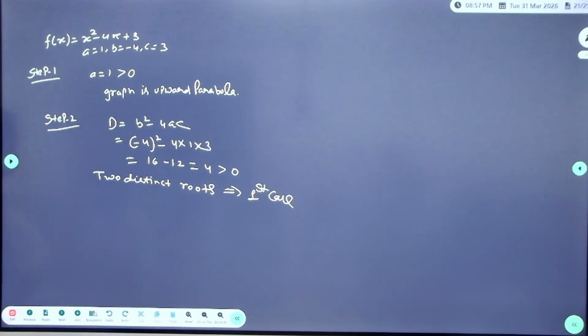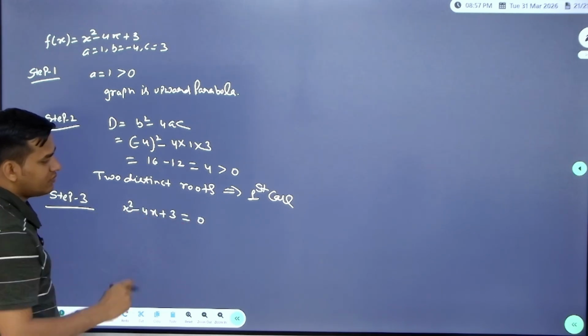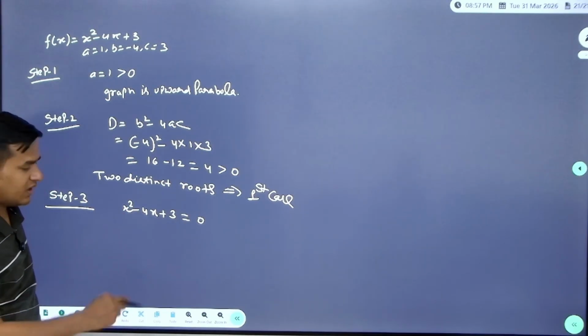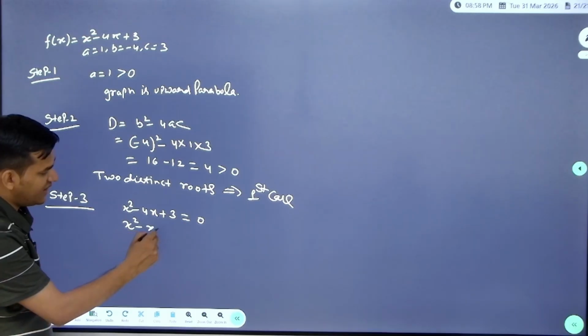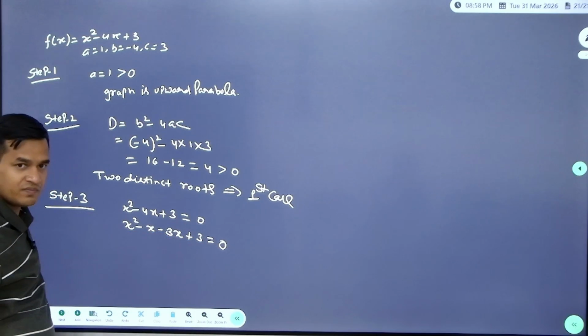Now the third step is finding the roots using middle term splitting. So step 3, find roots. x square minus 4x plus 3 is equal to 0. Now the factors are 1 and 3. So x square minus x minus 3x plus 3 is equal to 0.